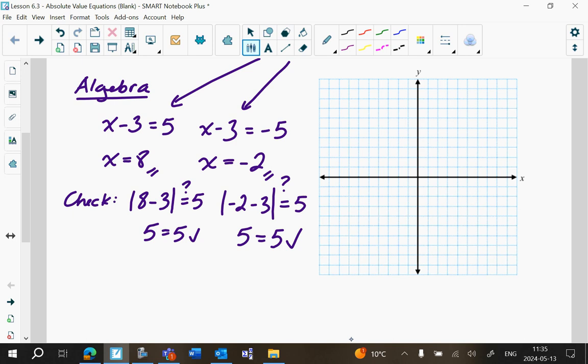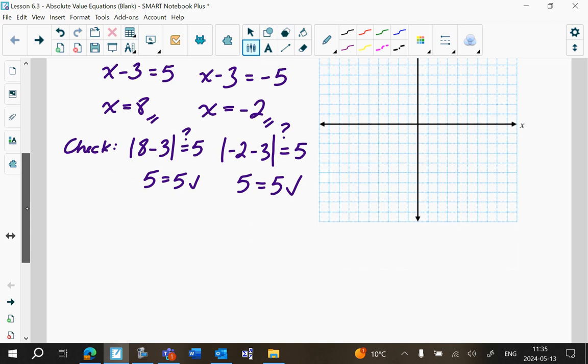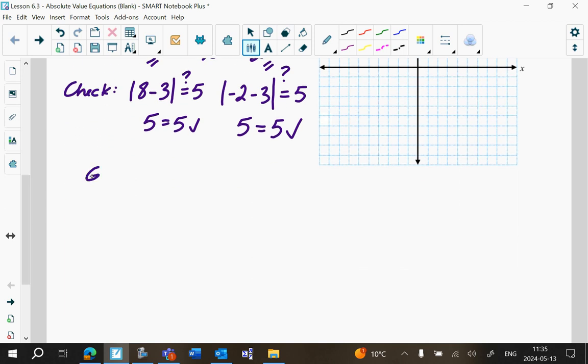We did this with quadratic equations. We could also solve them by graphing. And how did we do it by graphing? We graphed each side of the equation and saw the points where they intersected each other.